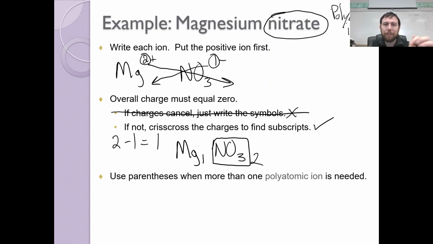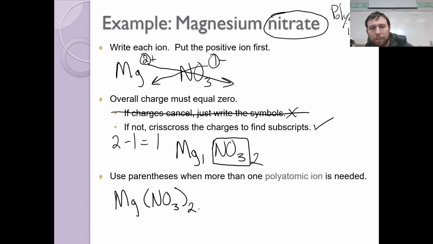We have to put the NO3 in parentheses. So then this would become, and we can ignore the 1, it's not necessary, Mg, parenthesis, NO3, close the parenthesis, and then a 2 on the outside of that parenthesis.